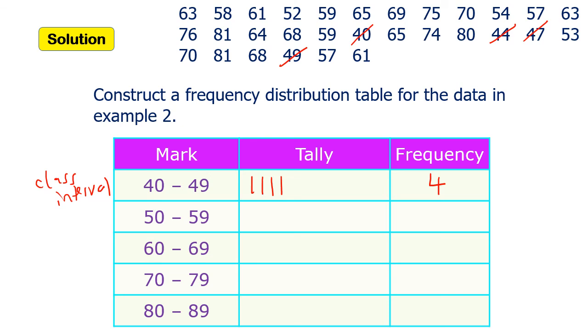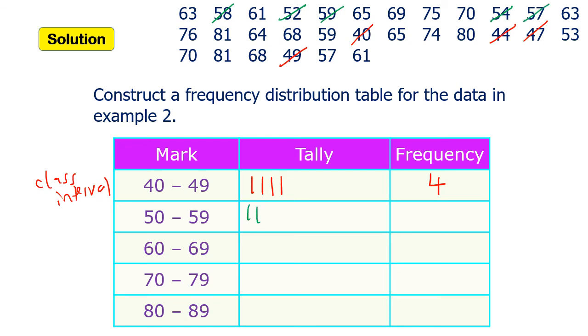Right, next we choose a different color, the dark green. For the class interval between 50 and 59, the numbers start with 5, right? So here 58, 1; 52, 2; 59, 3; 54, 4; 57, 5.